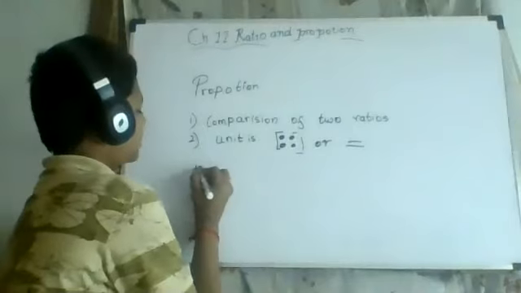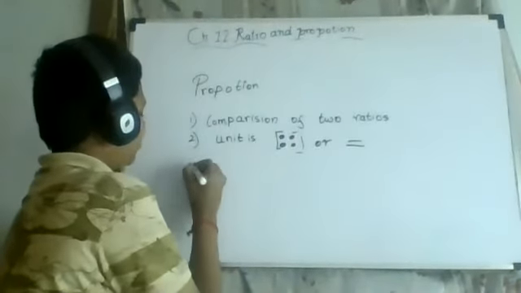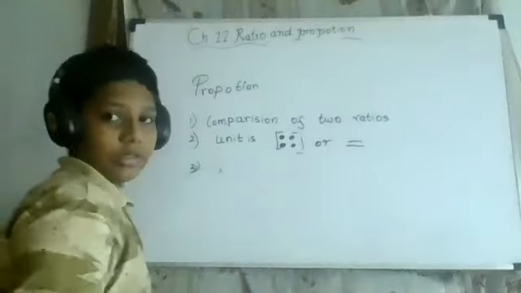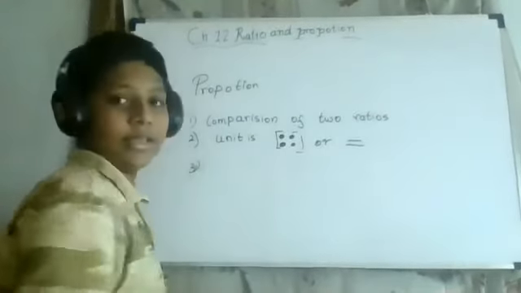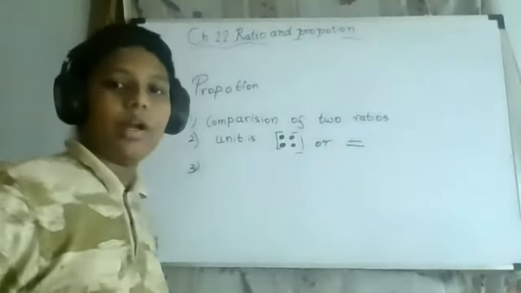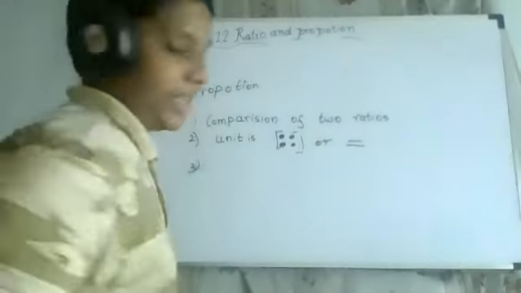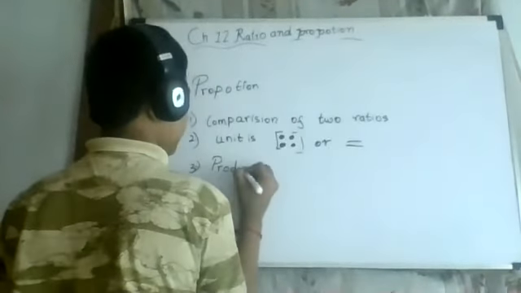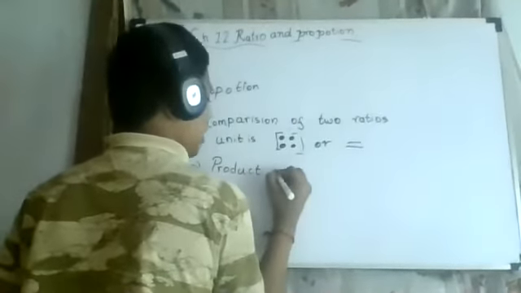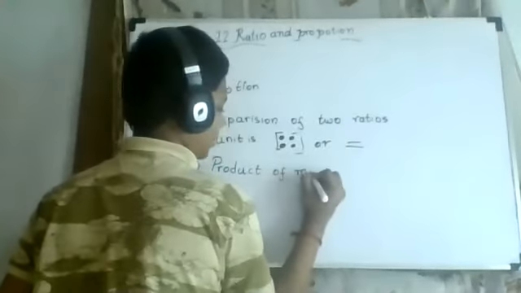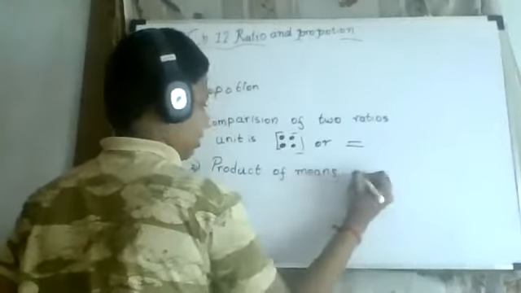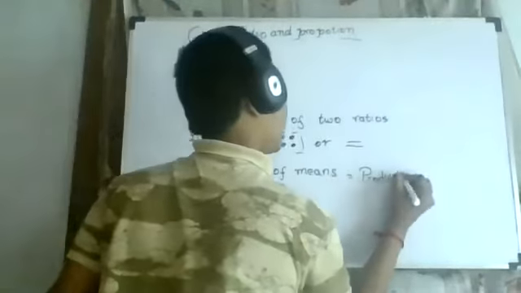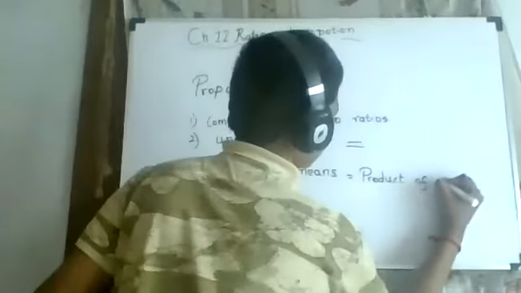How many quantities? Four quantities are involved such that the product of means will be equal to product of extremes. If the product of means is equal to product of extremes, the ratios are in proportion.